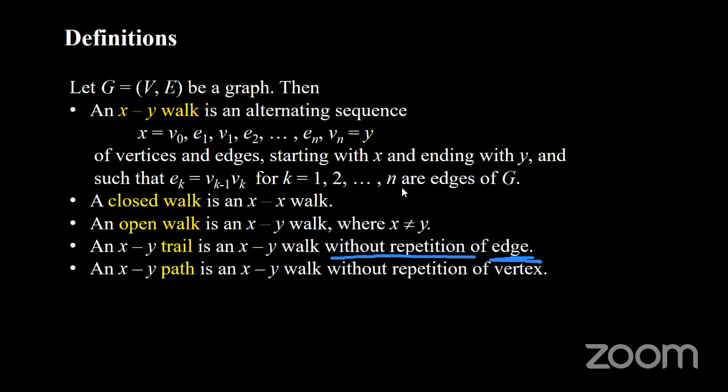And a path, which is also important, is a walk where there is no repetition of vertex. So they are all walks. An XY trail is a walk, but no repetition of edge. An XY path is also a walk, but no repetition of vertex. So that's the difference.